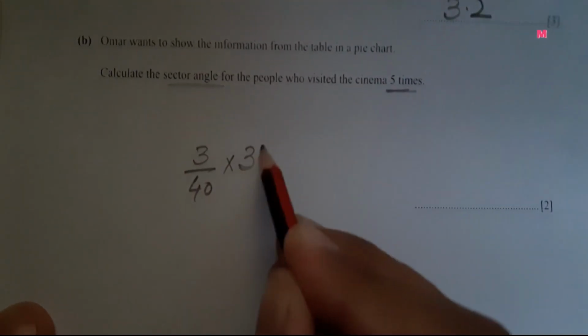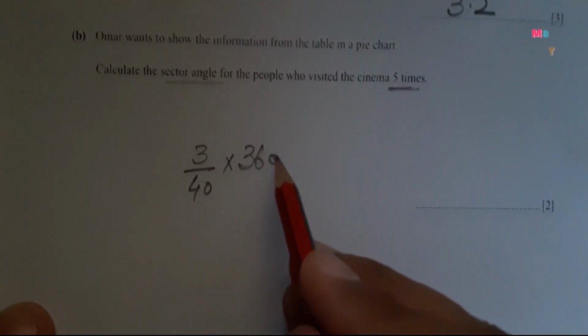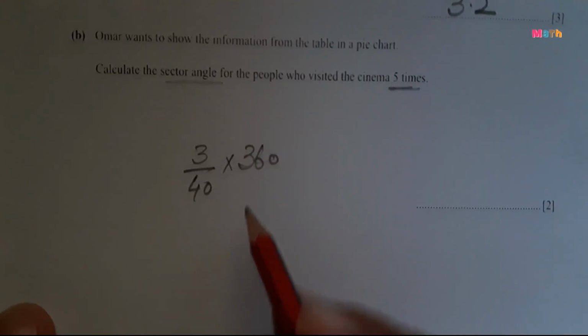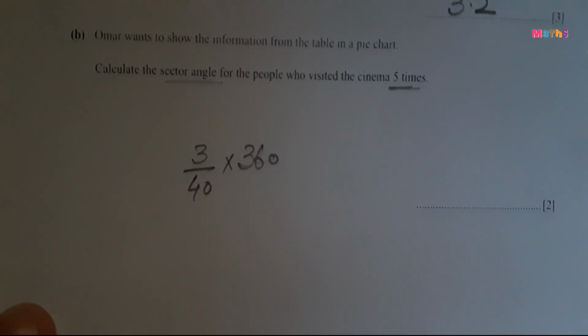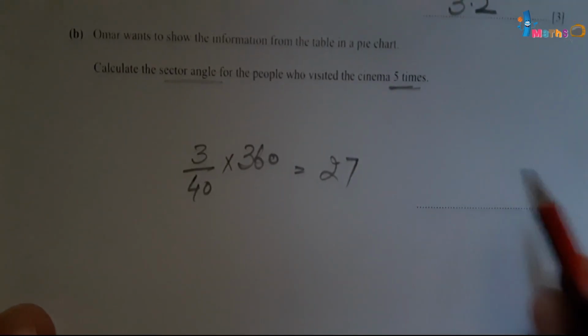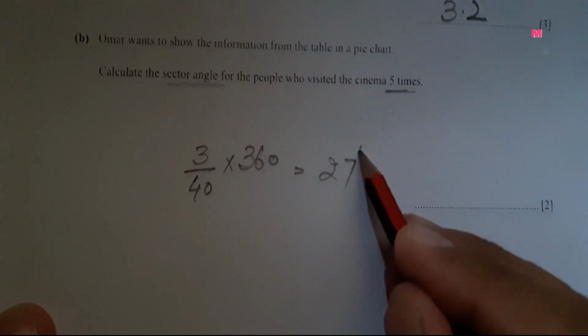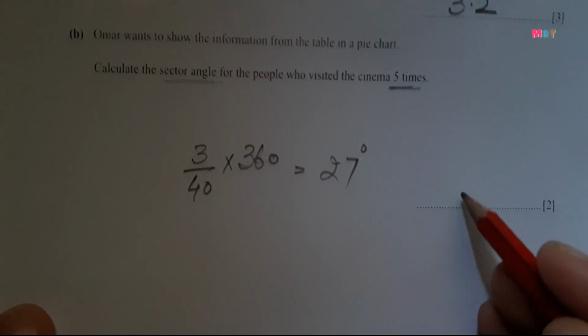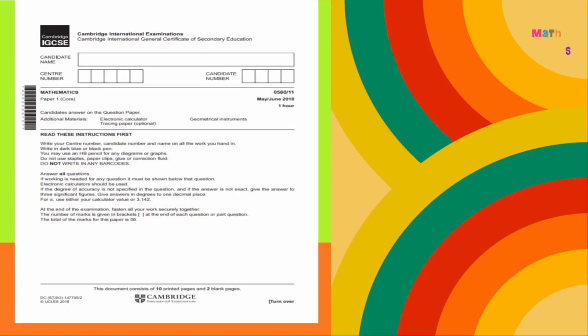So 360 degrees for the pie chart. It will be 3 divided by 40 into 360, which is equal to 27. So 27 degrees will be the sector angle.